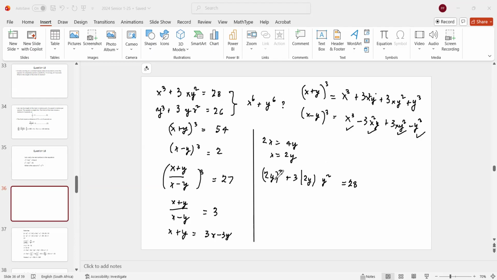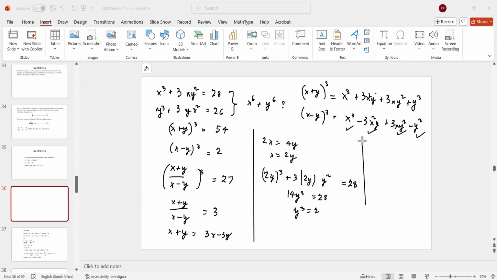So this gives you 8y cubed plus 6y cubed. So this works out to 14y cubed equals 28. And that gives you y cubed equals 2. Works out nicely, 14y cubed. So no difficult looking fractions.